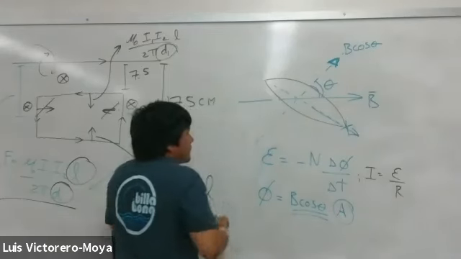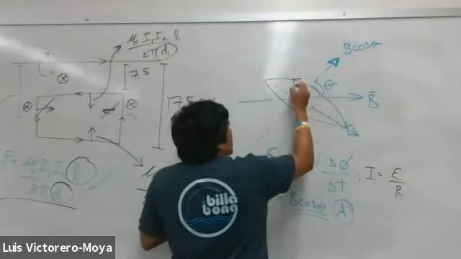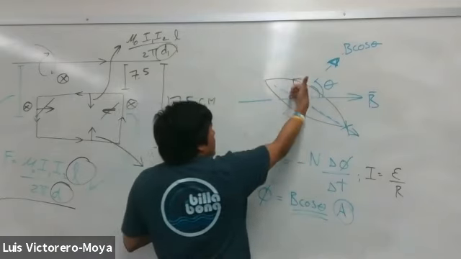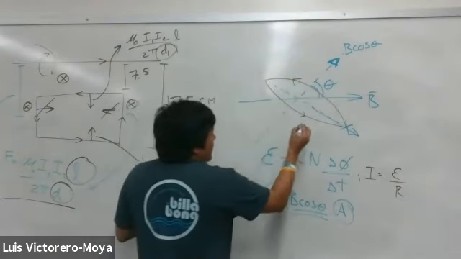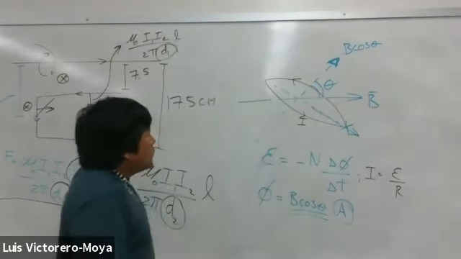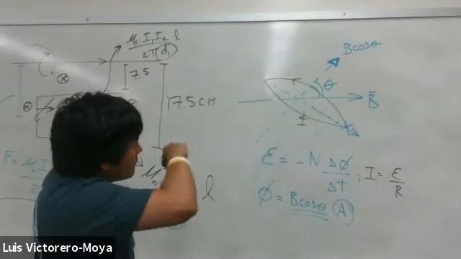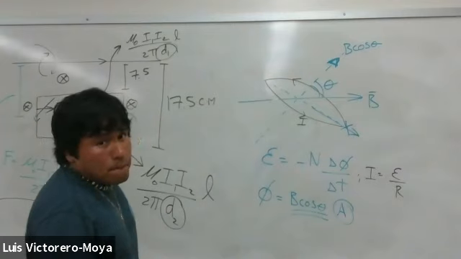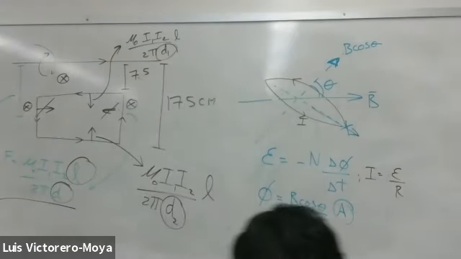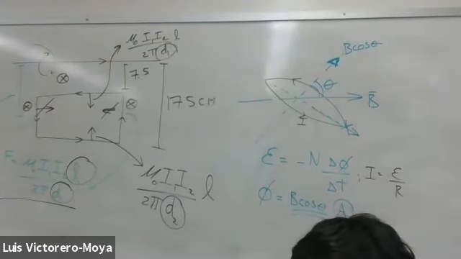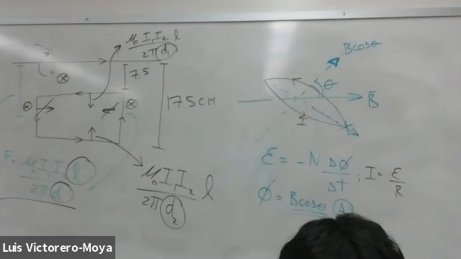By going like this, the current will create a field going in that direction. So that was the direction of the current. You can say counterclockwise. All right. The calculations, I think they were not that difficult for that. Then the AC generator was applying the equation NBAω and then evaluating there.